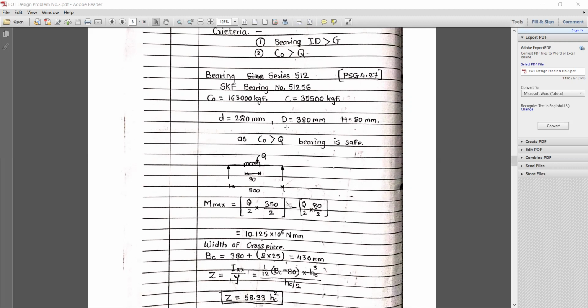So the first criterion is that the applied load is less than the dynamic capacity of the bearing. Let's see how.